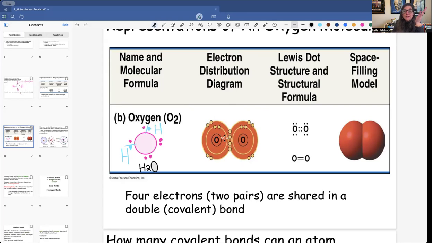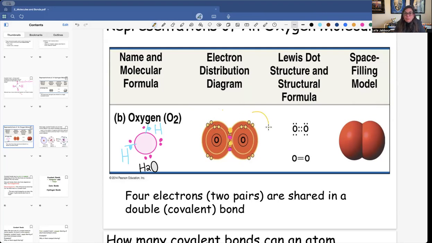So what's going on is those last 2, I'm going to color code this. 1 and 2. Let's say these 2. So what we need is an electron from the other oxygen.